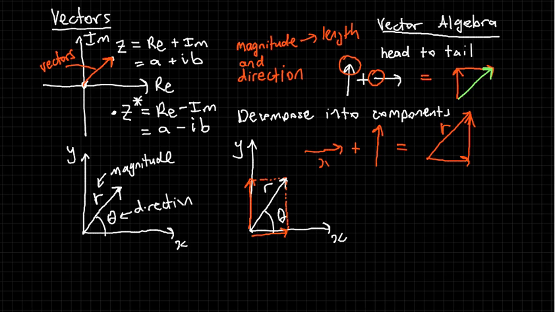So this is the opposite here, and so this is going to be r sine of theta, and that's going to be the y component, and the x component will be r cos of theta, which is equal to rx.